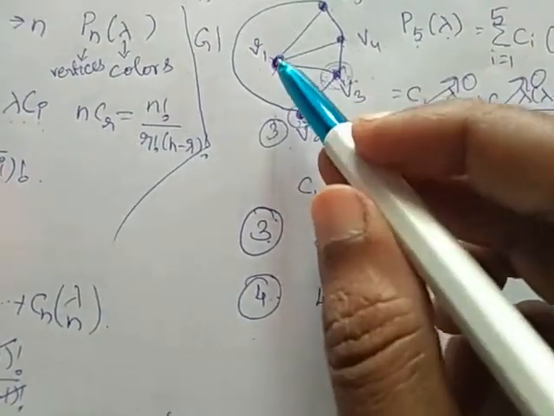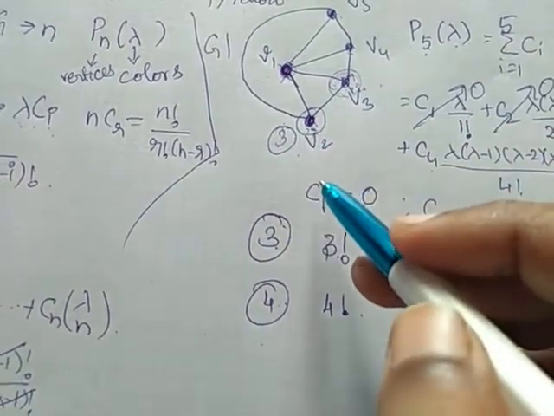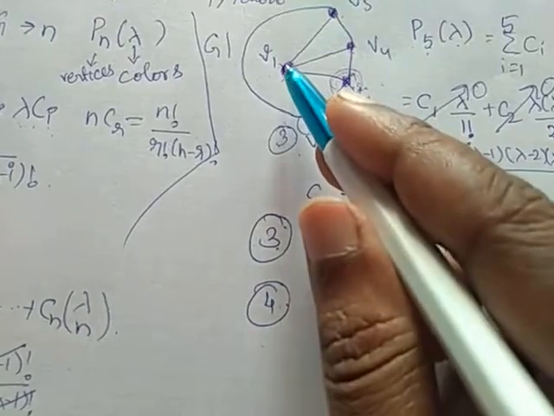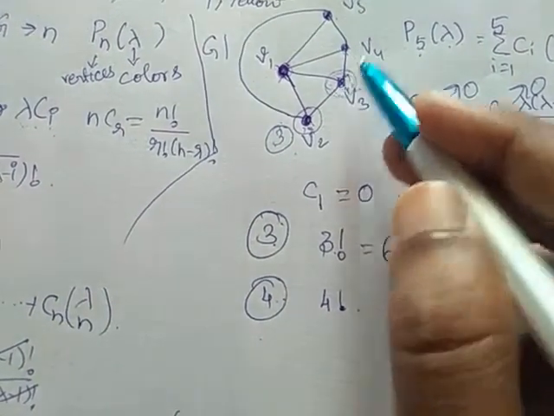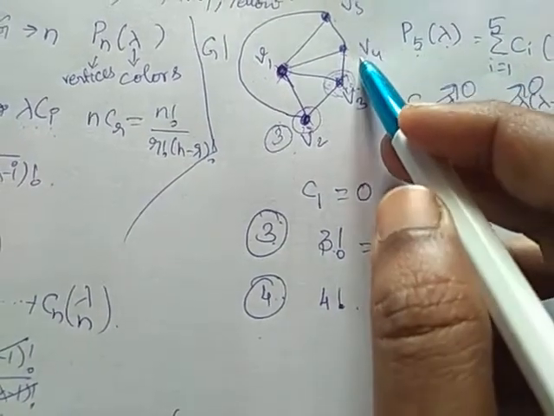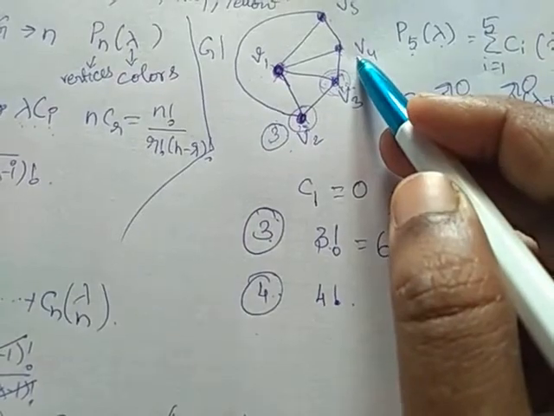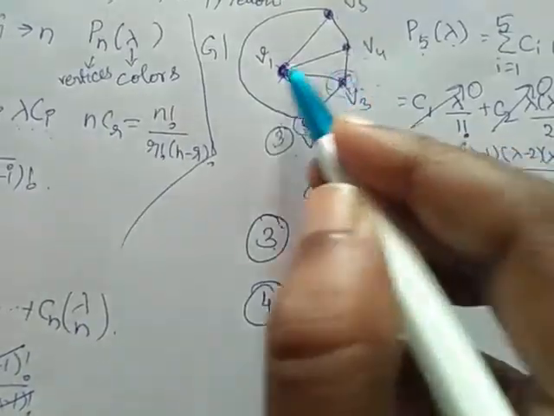And if we choose the first color, second color, third color here, for V4, either we can choose the fourth color or we can use the V2 color also. Correct? V1, V2, V2, V3.